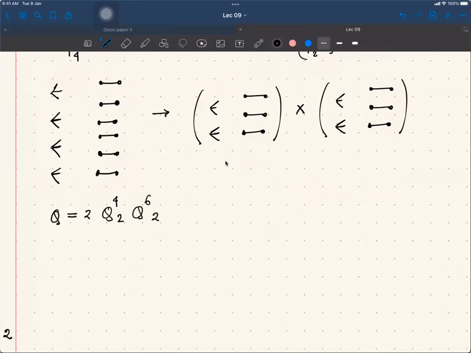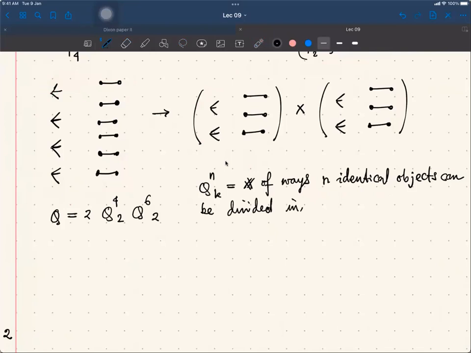I am using a notation where Q n k is the number of ways n identical objects can be divided into k indistinguishable groups.